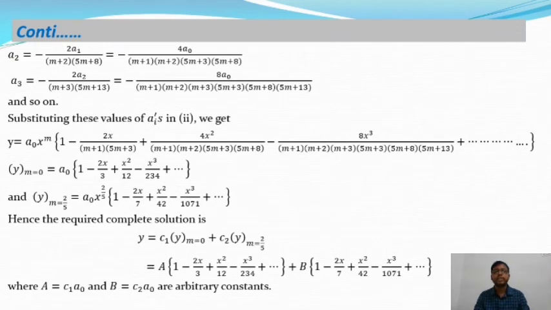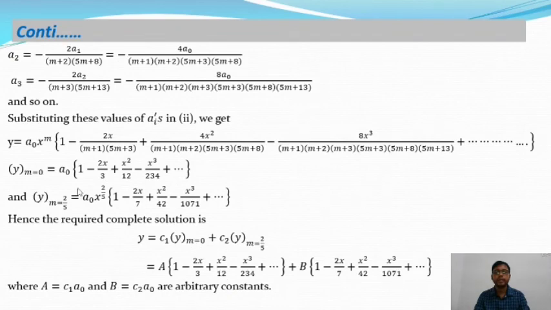Okay. So hence the required complete solution is y is equal to c1 into y at m is equal to 0 plus c2 into y at m is equal to 2 by 5, and it will give a into 1 minus 2x by 3 plus x squared by 12 minus x cubed by 234 and up to infinity.